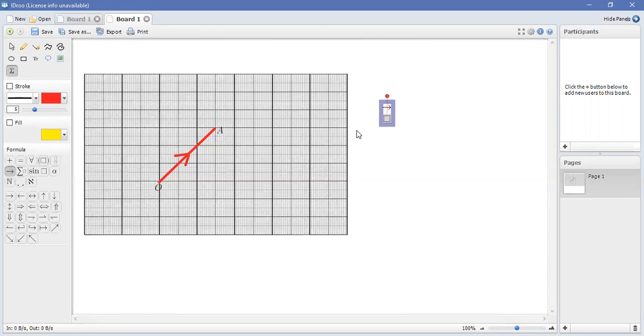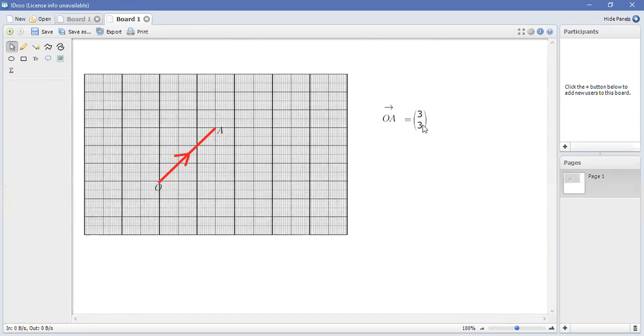So it's OA, and that is equal to 3, 3. All right? That is what it is equal to.